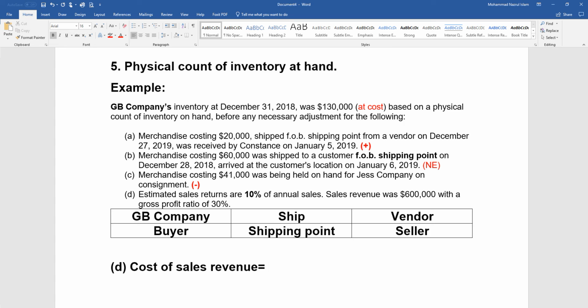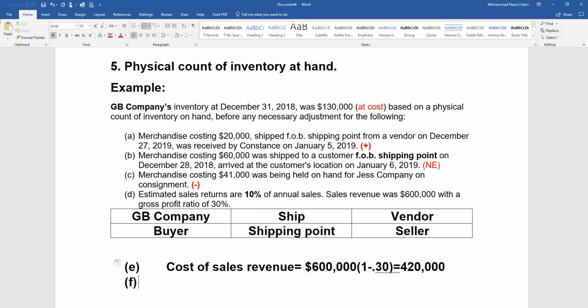It should be 600,000 times (1 minus 0.30). Can you see that? So this is gonna be equal to 600,000 multiplied by 0.7. So that is 420,000. Okay, this is the cost.